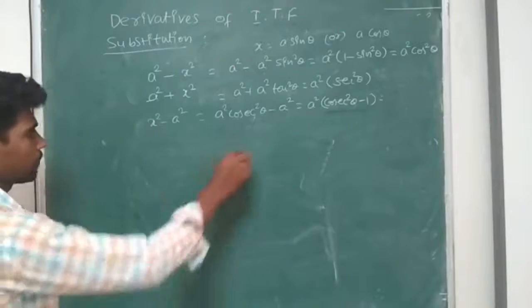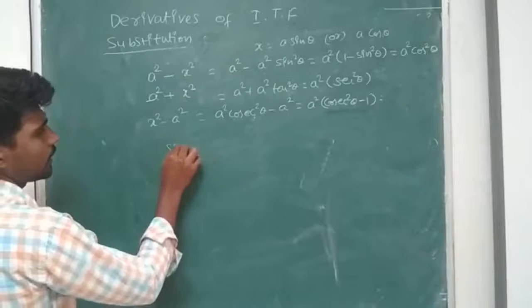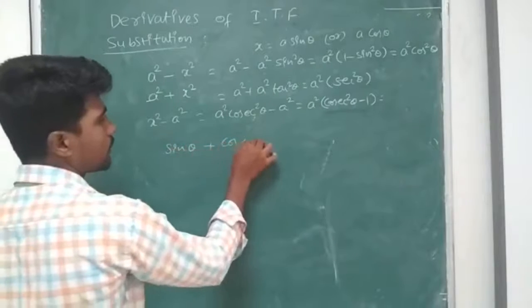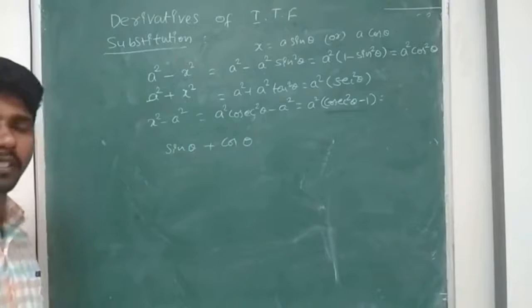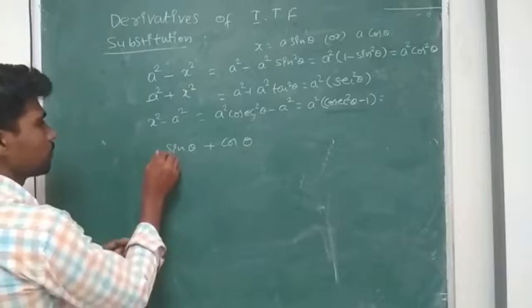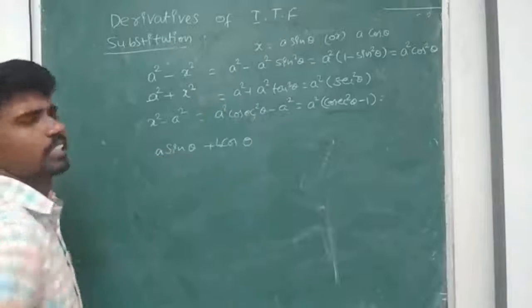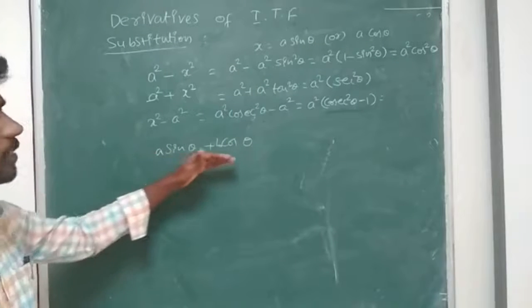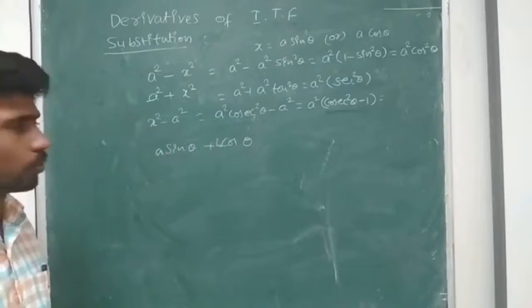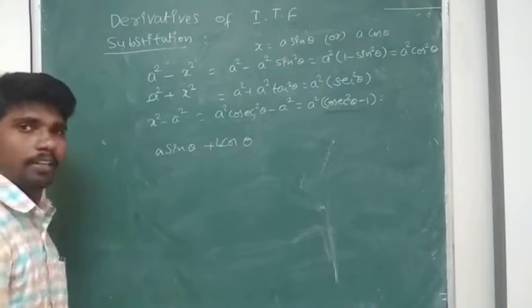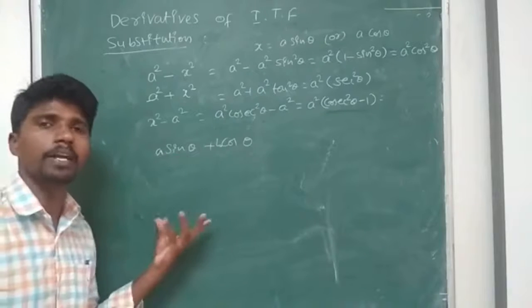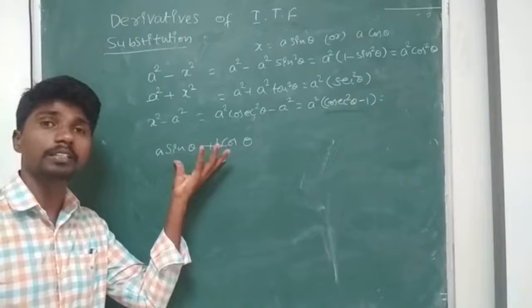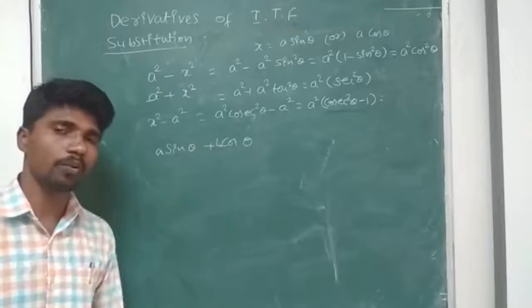If I have something like sin theta plus cos theta, it can have forms like a sin theta plus b cos theta. In this case, we have to express this as we did earlier while finding the range and domain in trigonometry. Just recall what we did.